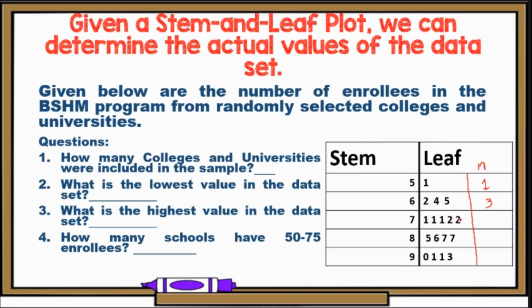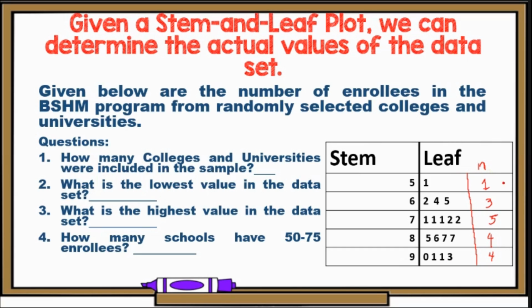1, 2, 3, 4, 5. Meron tayong 5 samples na merong 71 to 72 na enrollees. Tapos yung mga nasa 80s ang enrollees, meron tayong 4 na schools. And for the final row, yung nasa 90s ang enrollees, meron tayong 4 ulit.